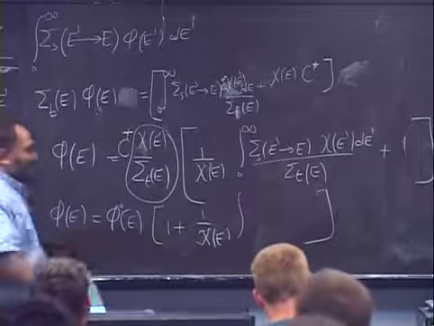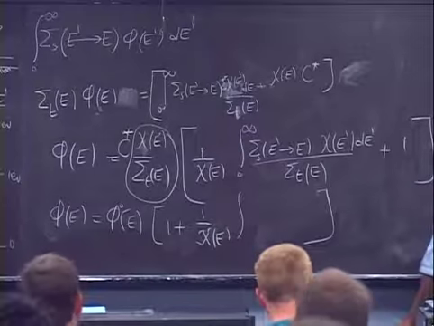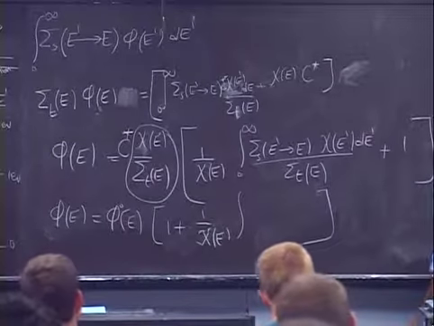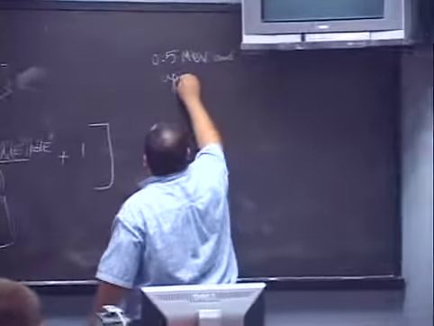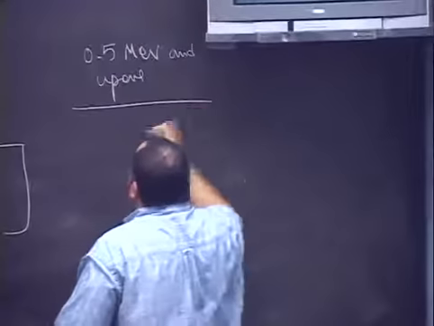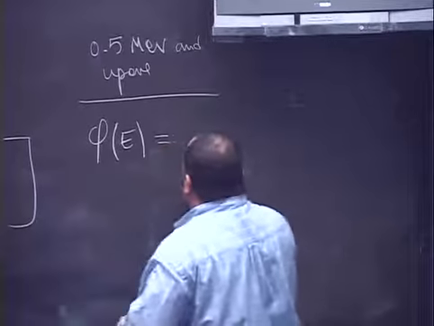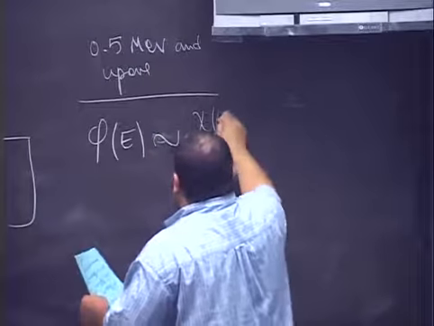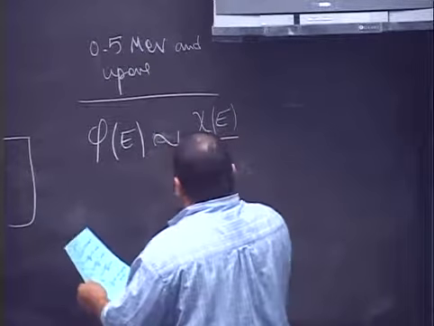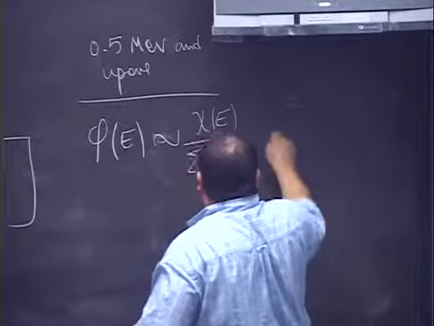But typically, if you are at 0.5 MeV and above, it's safe to assume that your flux as a function of energy is just proportional to chi of E divided by sigma total of E. This is a good approximation.